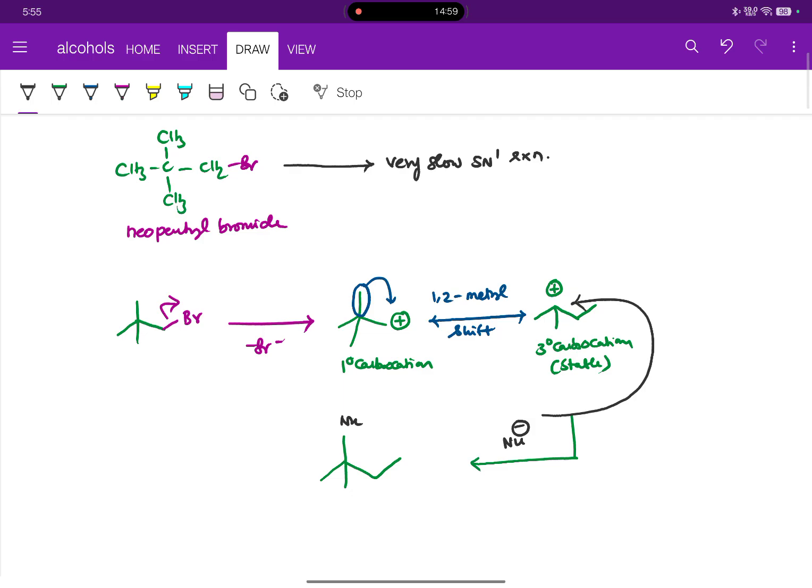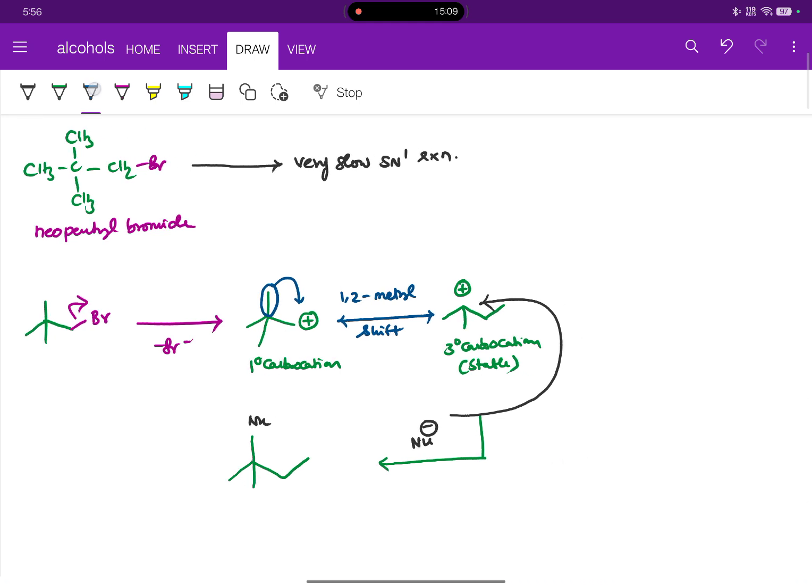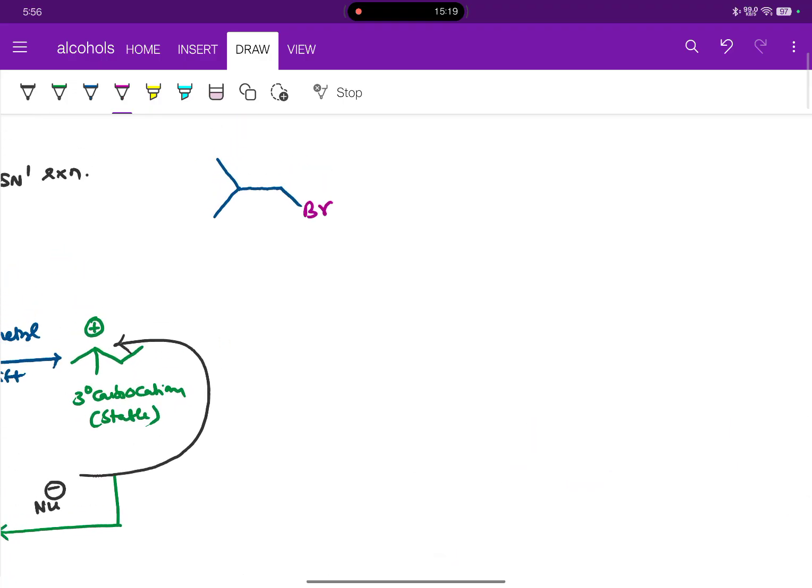See, other than this, we have various other substrates also. You can also take isobutyl bromide. In this case, it's a primary alkyl halide. Please make a note.